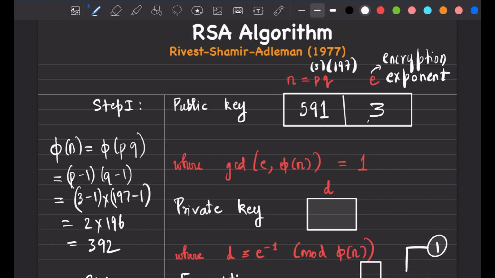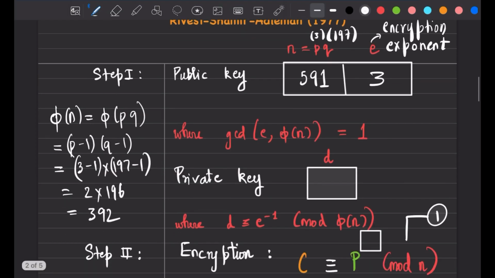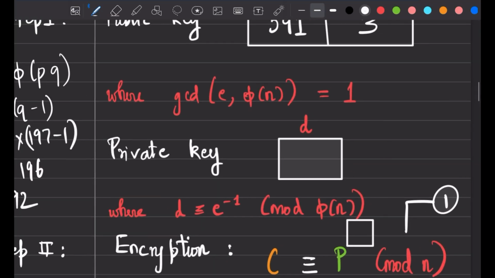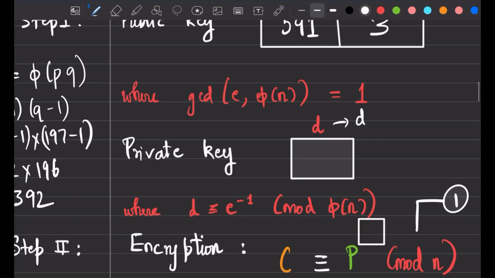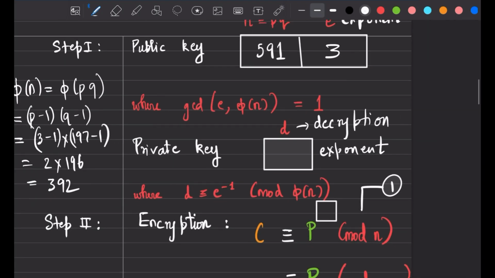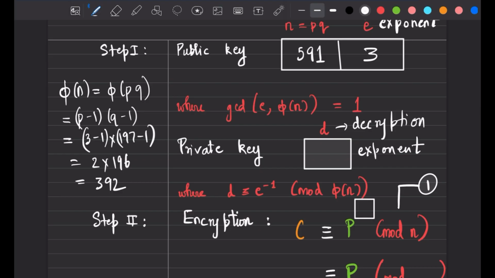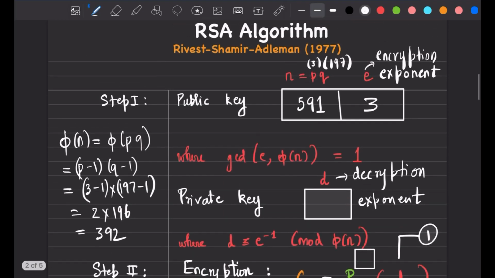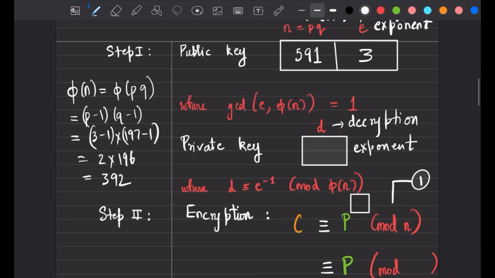And you can very well check that this 3 is co-prime with the phi of n that we have. D is nothing but the inverse of this encryption exponent. It's called the decryption exponent in our case, because it's used to decrypt the ciphertext. This D needs some calculation, which I will show you later. So this is the private and the public key.